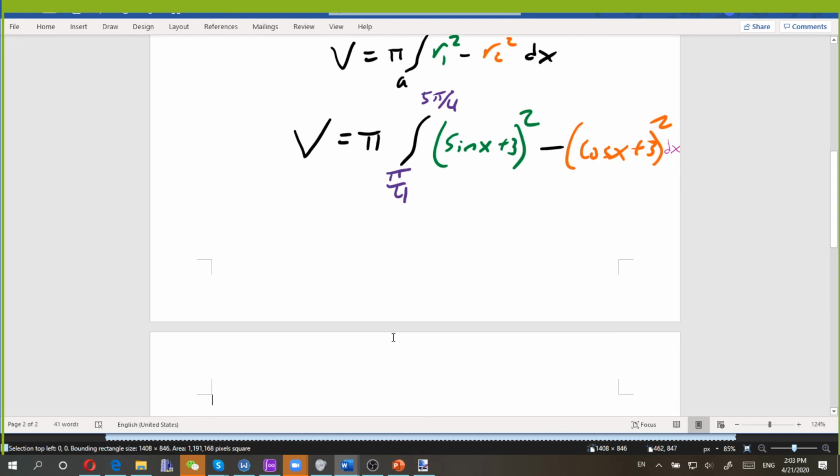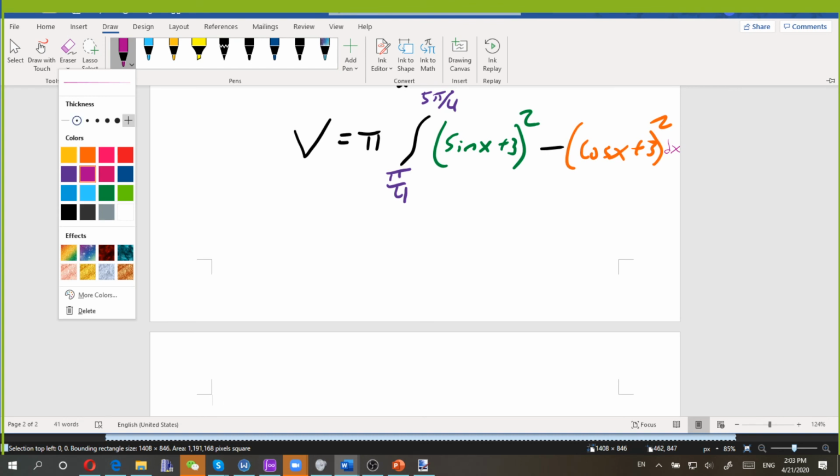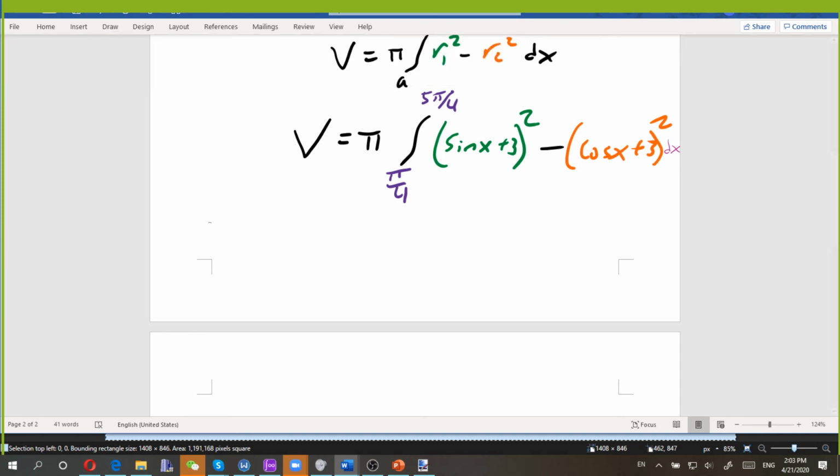So do I just plug in the numbers, the values? So for now, help me expand this part. So what happens when I square sine x plus 3? Just checking.